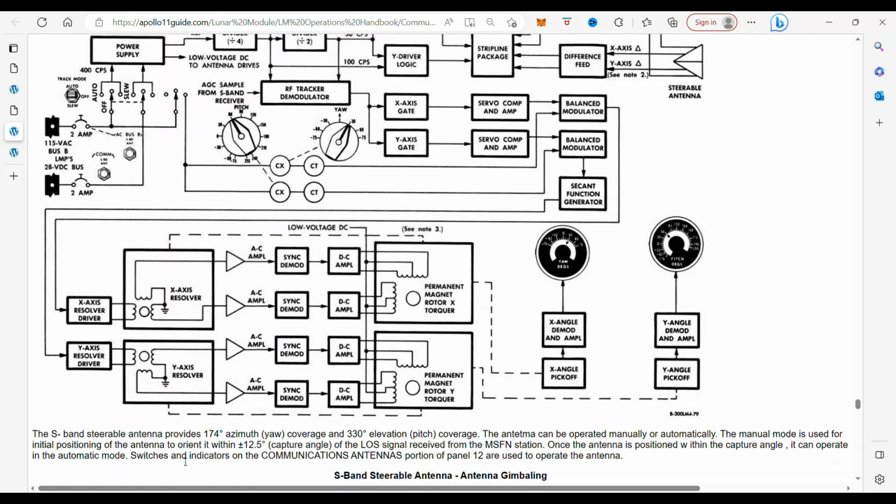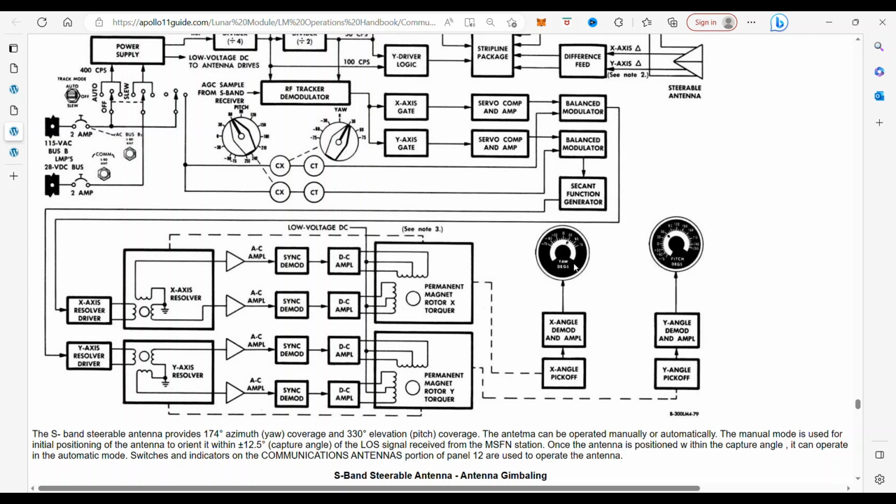They pointed it towards Earth, the spaceship, whatever they needed where the signal was going to capture. And then once that antenna is positioned within the capture range, it can operate in the automatic mode. Its switches and indicators are on the comm panel, panel 12, which we talked about.